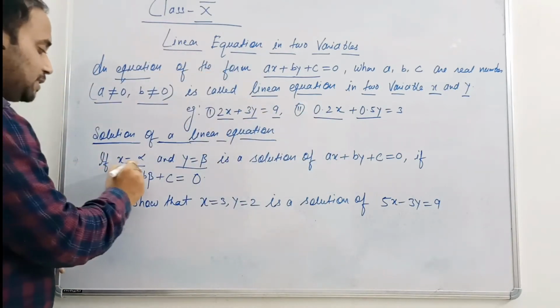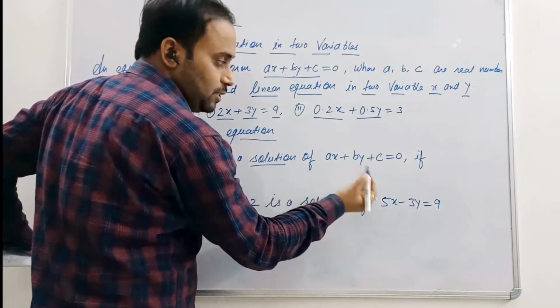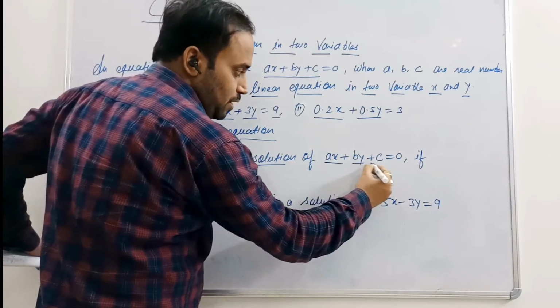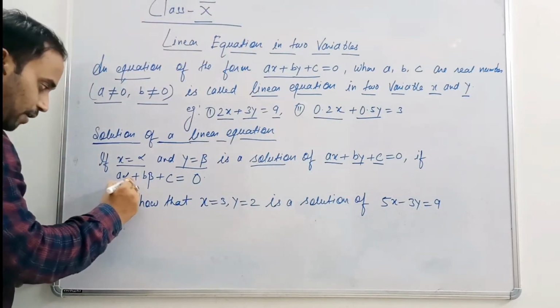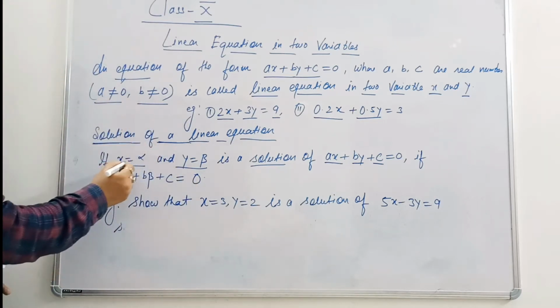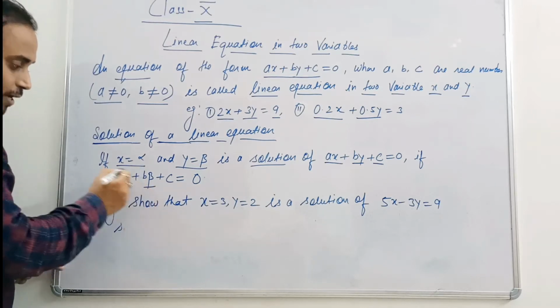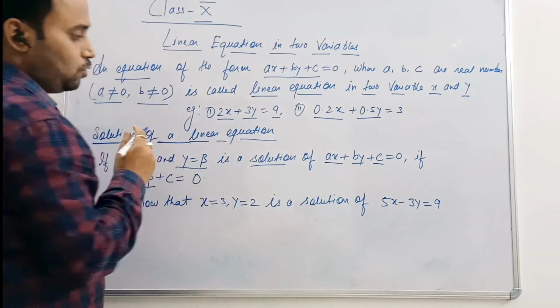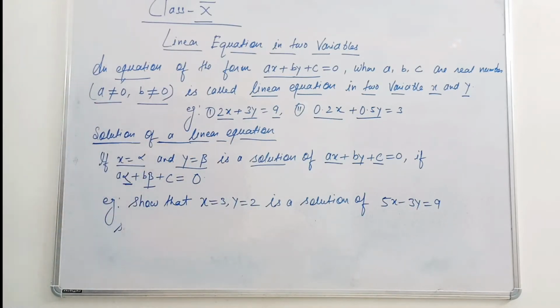So we assume x equals alpha and y equals beta is a solution of the equation ax plus by plus c equals 0 if a alpha plus b beta plus c equals 0. The values of x and y satisfy this equation, so the expression becomes 0.